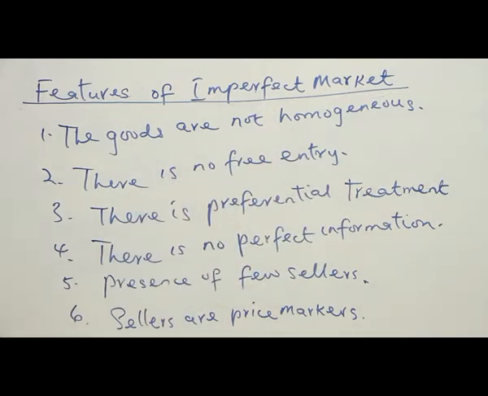The reason why the prices can be influenced is a lack of perfect information about the market. The buyers don't have full knowledge about the market. So in that case, they can be influenced, where the producer will try to increase the price of the commodity because the buyers or the customers don't have the full knowledge.